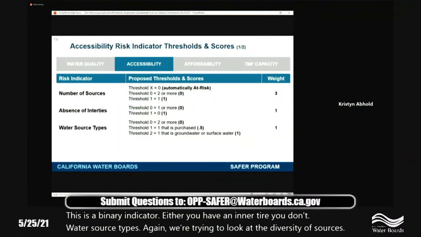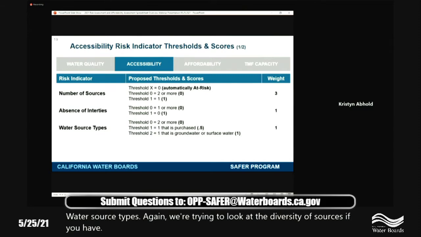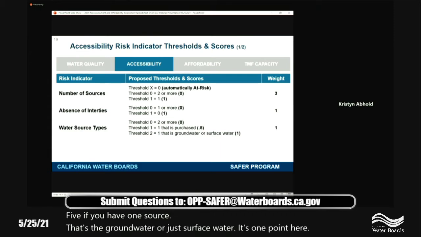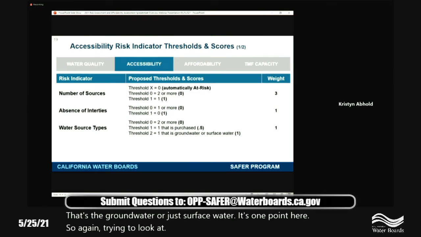If you have purchased water and that's your only source, you get 0.5. If you have 1 source that's groundwater or just surface water, it's 1 point here. So again, trying to look at diversity of water sources here.